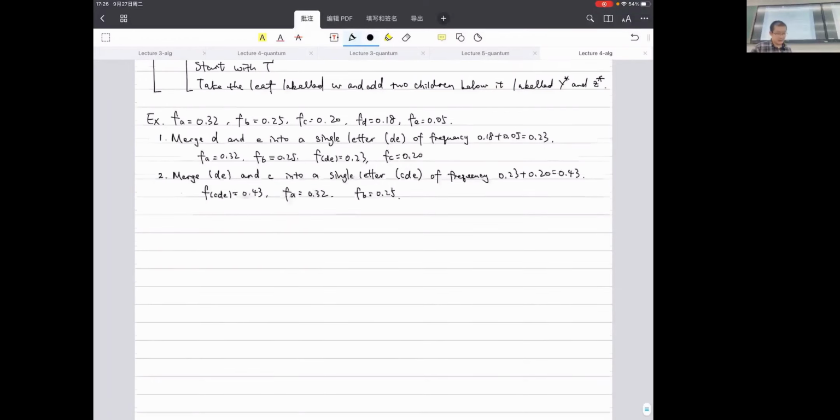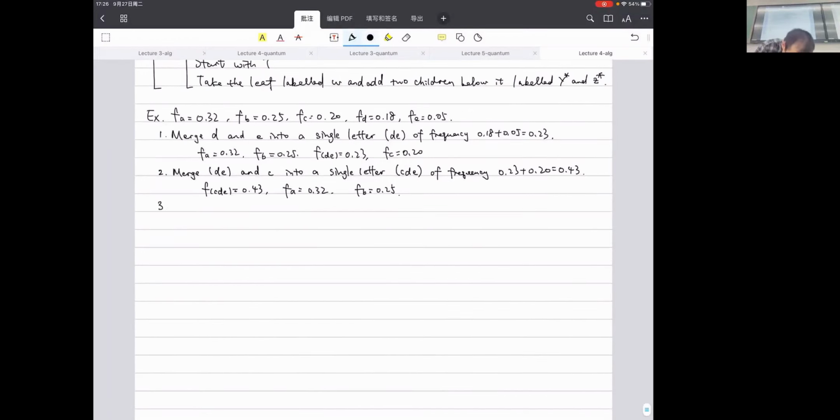So how about next? The next step is that, in the current case, A and B have the lowest frequency. So we just merge A and B into a single letter, and let's call this AB, with frequency plus them together.